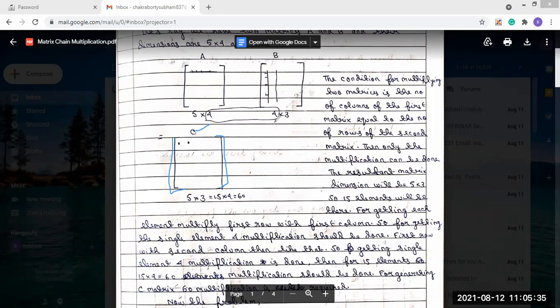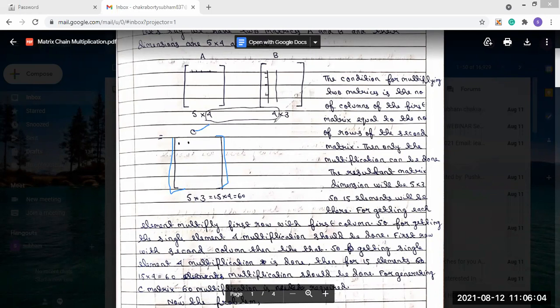In matrix multiplication, we always multiply a pair, always two matrices. If 3 or 4 matrices are given, we make such a pair and then multiply it. Here, one dimension is 5 into 4 and another is 4 into 3.